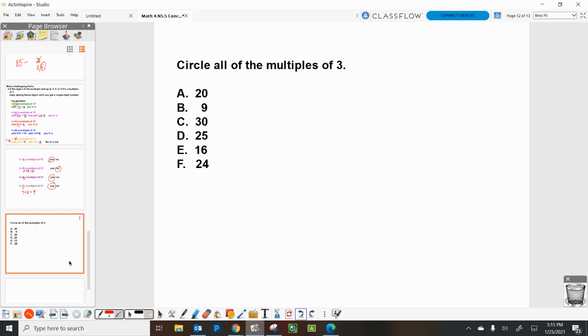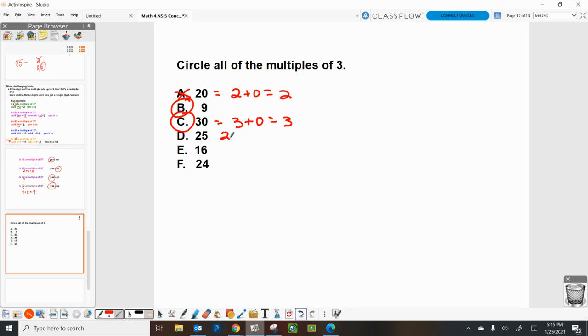Now let's take a look at this one. We can use that little trick of adding them up. What are all the multiples of 3? Well, 2 plus 0 equals 2. That is not a multiple of 3. 9, 3 times 3 is 9. Yep. How about 30? In my head, I know right away, 3 times 10 is 30 because we've been doing those forever with our friendly numbers. But if I took 3 plus 0 to a single number, I get 3. Definitely.